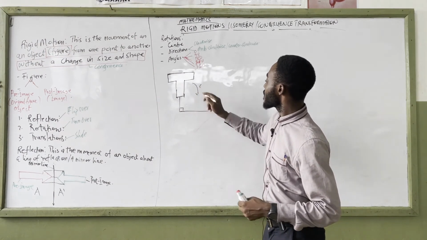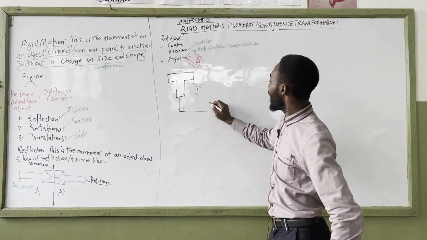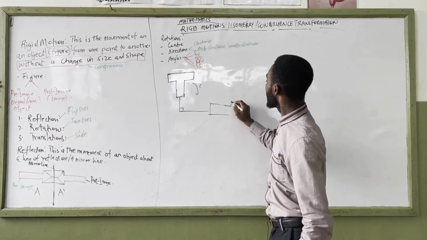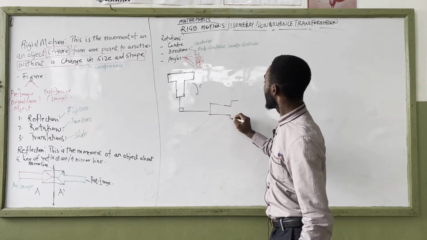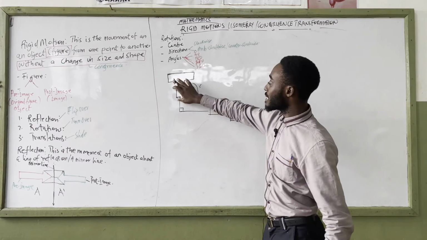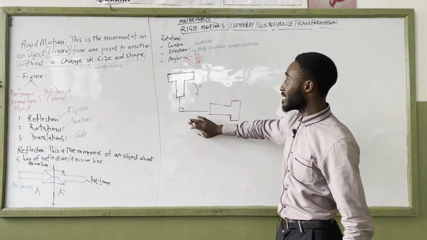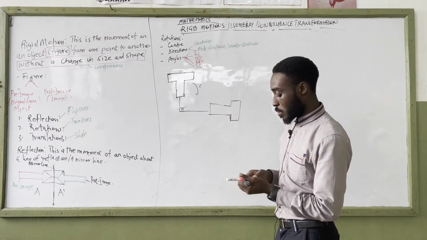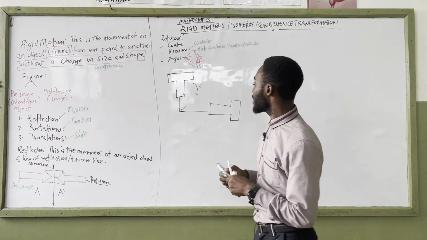So clockwise, I'll be expecting to have something like this. So this has moved in a clockwise direction about an angle. So this is the angle. So I have this as my angle.